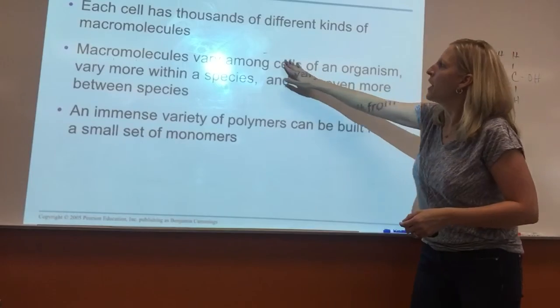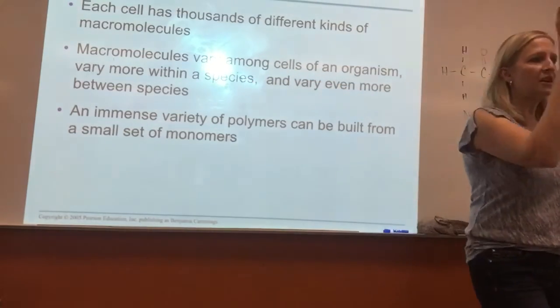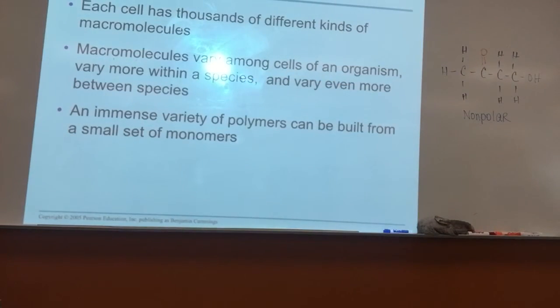It means, like the second bullet, when we look at an organism, let's say you have different types of cells in your body that do different jobs and so on. The macromolecules within those cells can be varied. So macromolecules within a neuron versus a cell in your stomach versus your skin cell will be different.